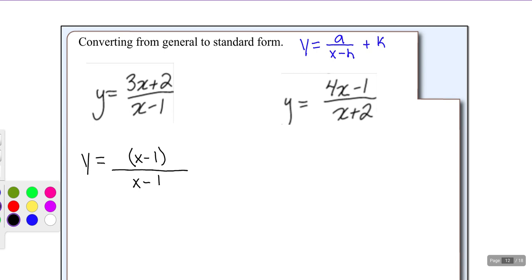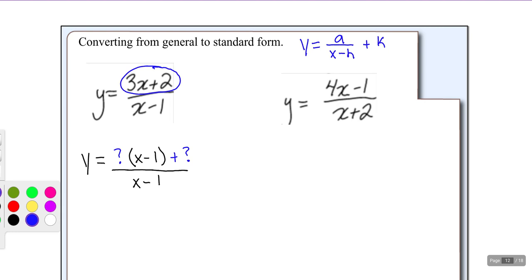So we're somehow going to take this thing and turn it into something times x minus 1 plus something else. Tricky, right? So with this in mind, that we want an x minus 1 on the top, we're going to work backwards from there.